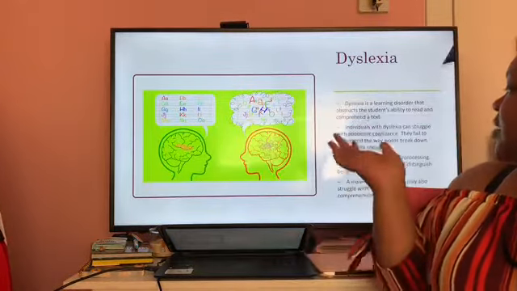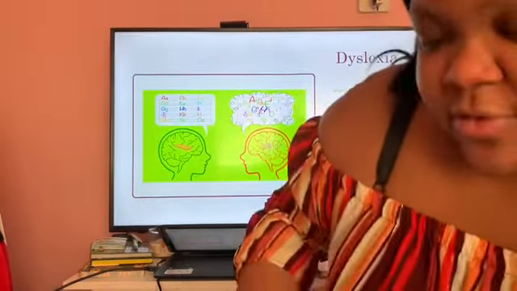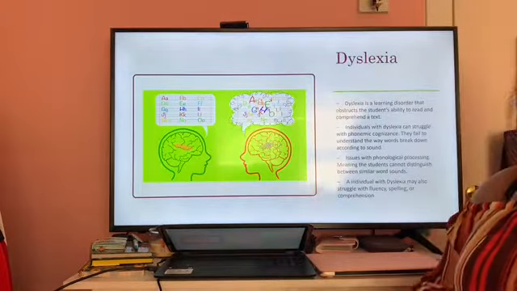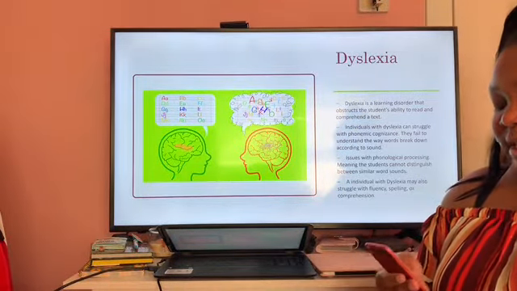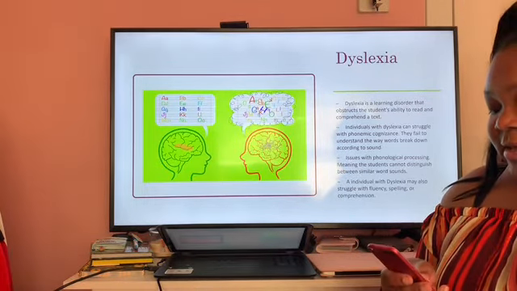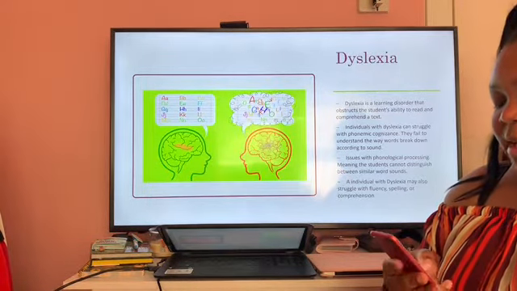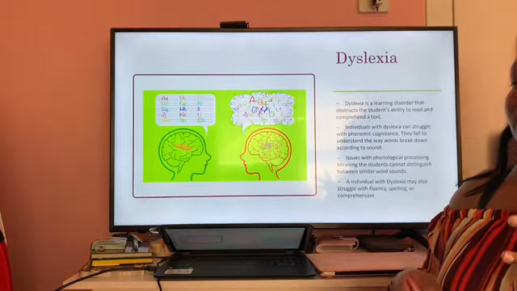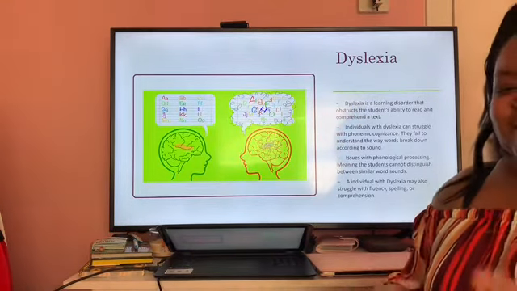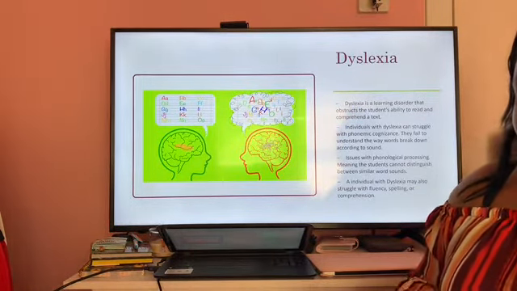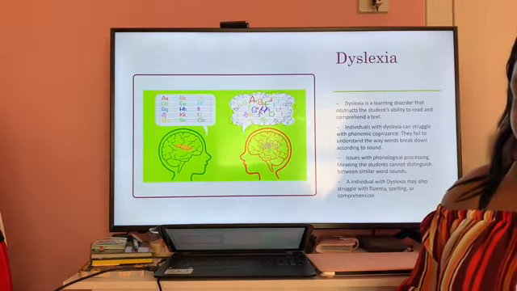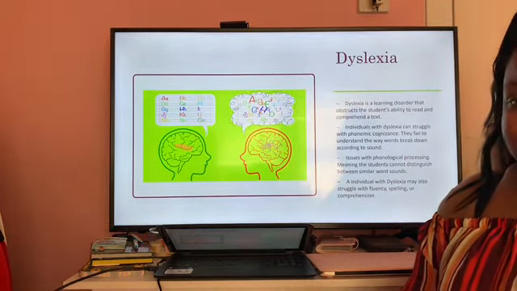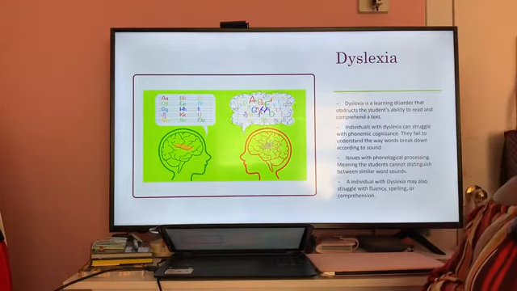So first we're going to touch on dyslexia. Dyslexia is the disorder that affects an individual's ability to work with phonics, as far as reading words and comprehending spelling, things like that.